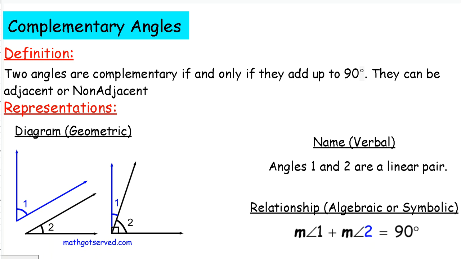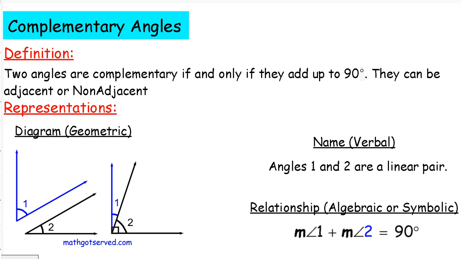Complementary angles add up to 90 degrees, and supplementary angles add up to 180, like the linear pair definition that we went over in the previous formula. Complementary angles can be adjacent or non-adjacent. Linear pairs are always adjacent, but complementary angles can be non-adjacent.